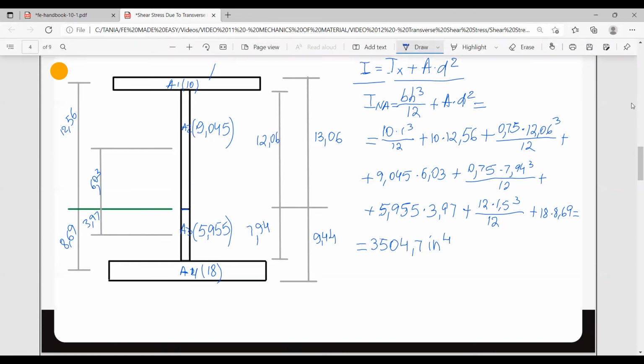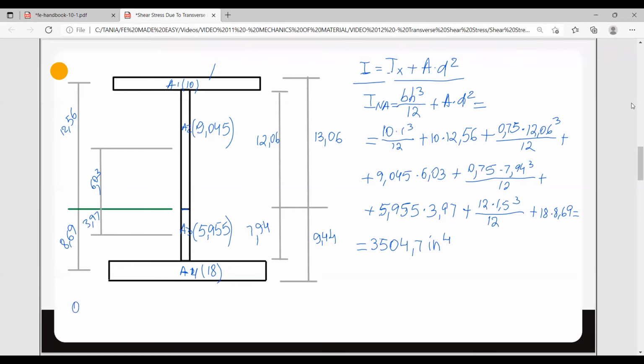So let's note Q1. I'm going to take Q1 as the upper part, and I have A1, which is 10 times 1.256 with the arm, plus area number 2, which is 9.045 times 6.03, equals.